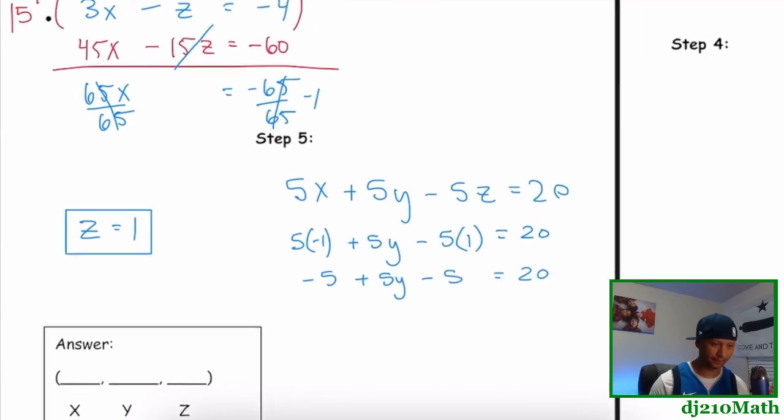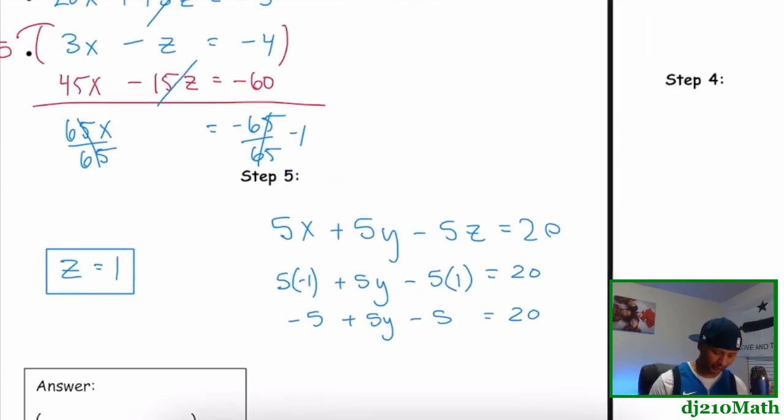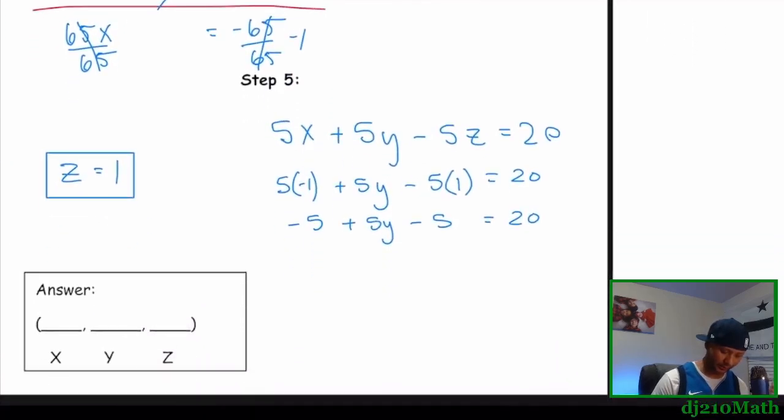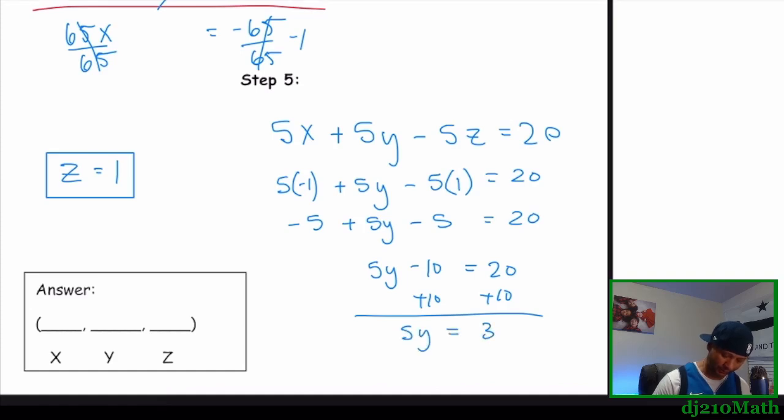On the left, negative 5 and negative 5 is negative 10. Plus 10 on both sides, so 5y is equal to 30.